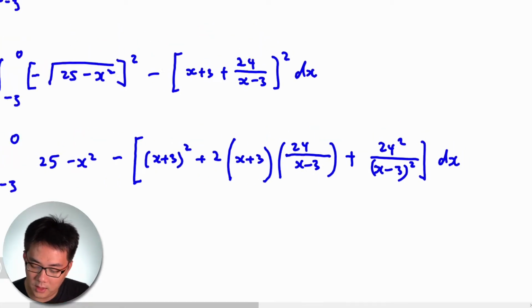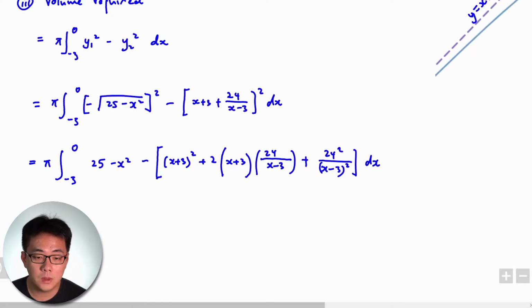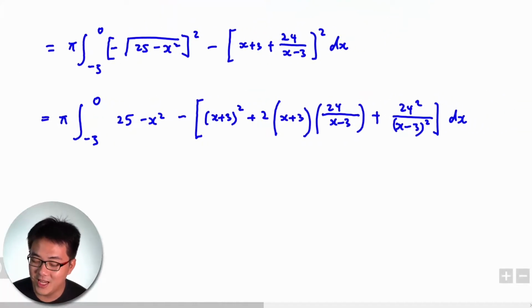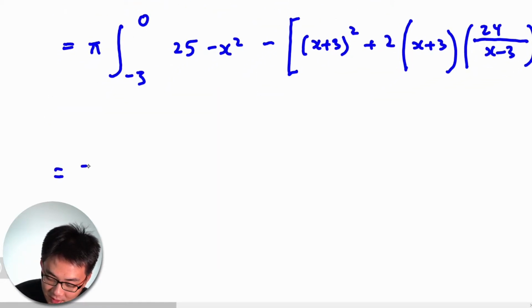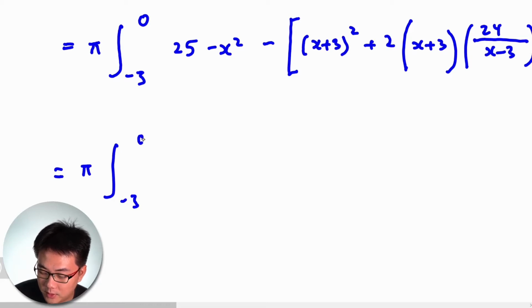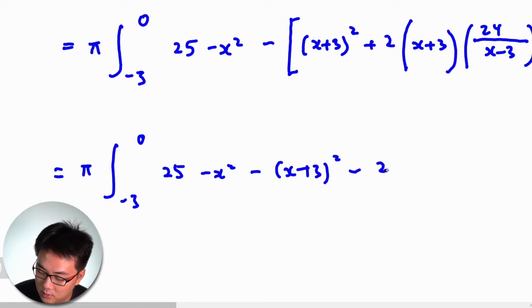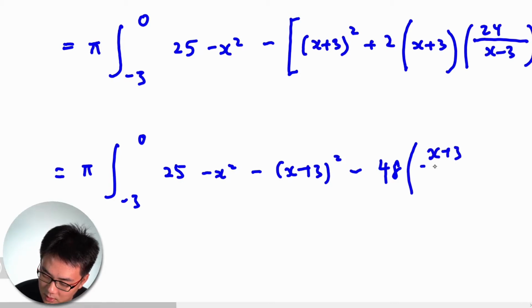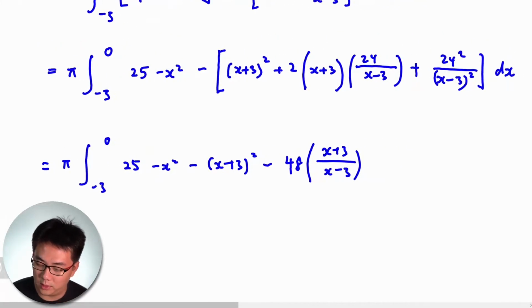Just expand it slowly. Since you need the exact value, I think the correct way is to slowly expand and see what you get from this expression. I'm just doing it very slowly so that I won't make any mistakes. 2 times 24 is 48, so 48 times x plus 3 over x minus 3. This would need a long division.